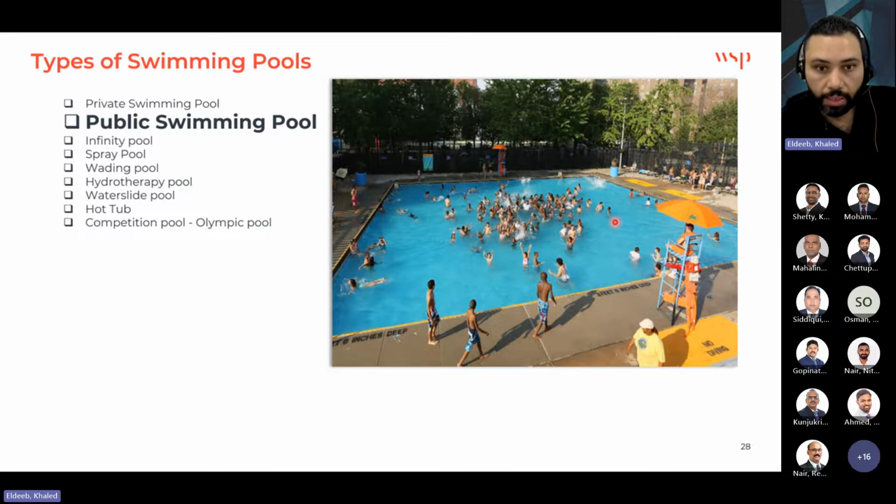Here the contaminants might be much higher than in the private pool because you don't know the nature of the people jumping in this pool. Some people don't take a shower before jumping in, so you need to take more care about the filtration system and chemical dosing for such types of pools. And we'll go into details for this one also.